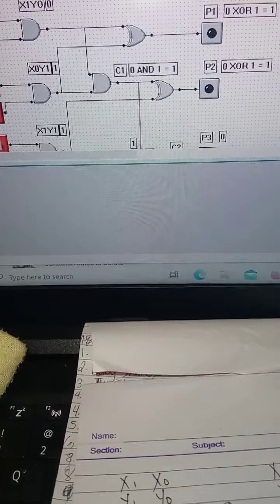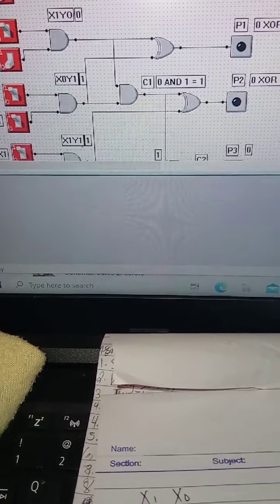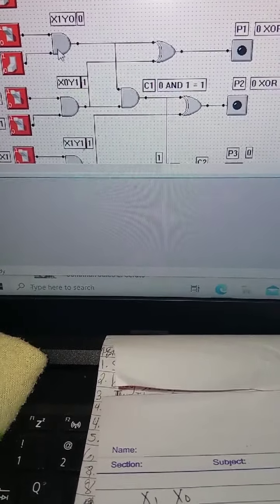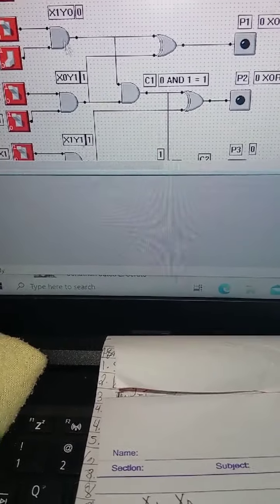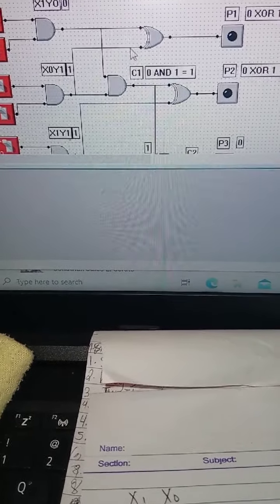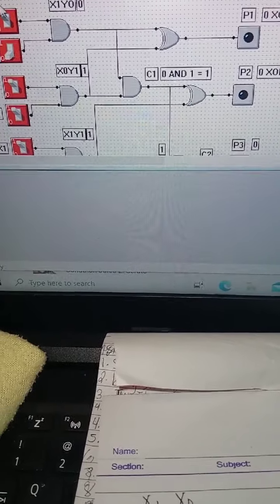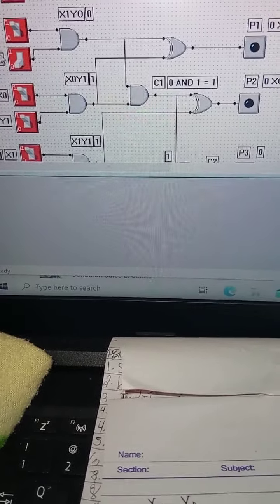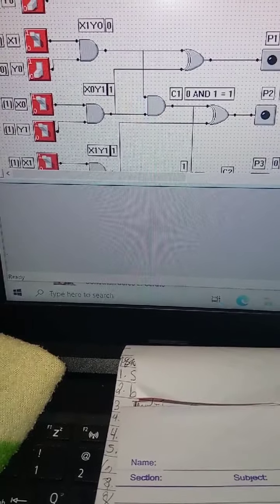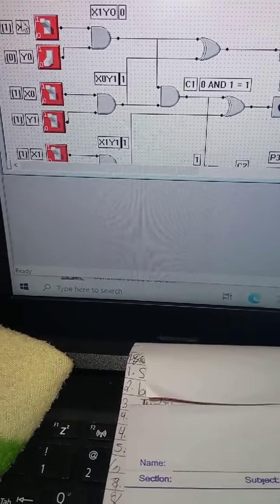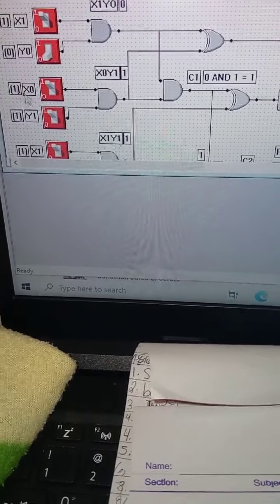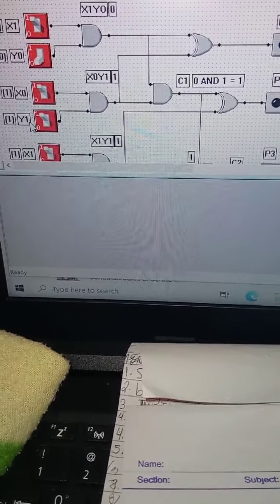We put the wire here, and here the AND gate, also an AND icon here, and then here is the XOR. So it means they are not the same, because it is x1 then y0. So it is not the same number here. So here is 1, which is the prime, and then here is x, then 0.